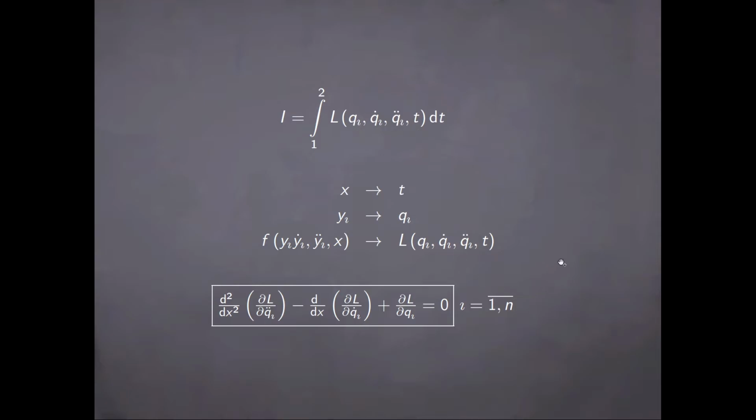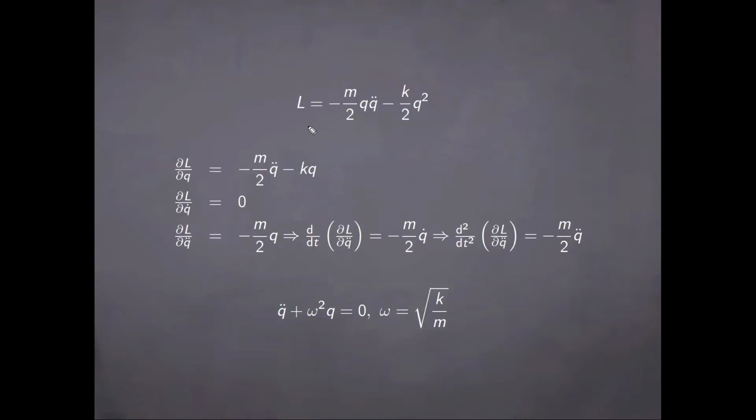As an illustration, we can consider the Lagrangian here, where the second term is something which clearly resembles an elastic potential energy for something like a harmonic system, but the first term is no longer a kinetic energy, but it's a product between q and q double dot.